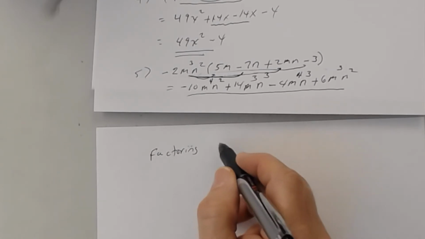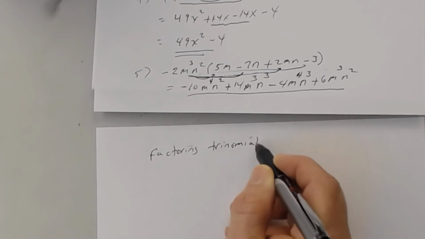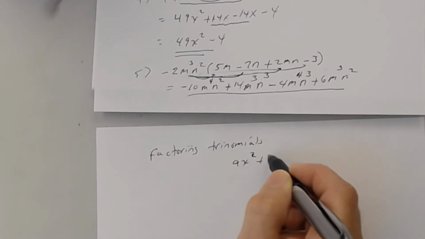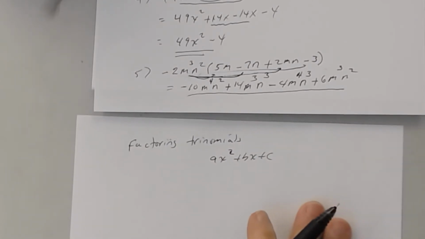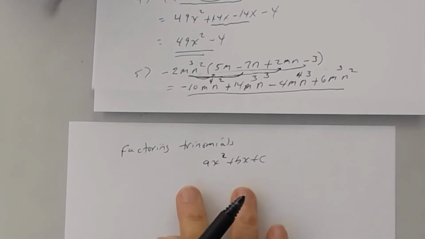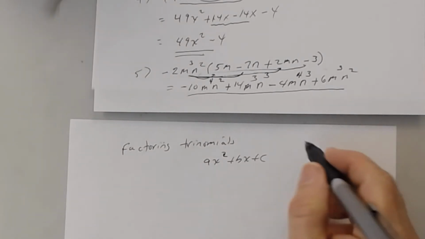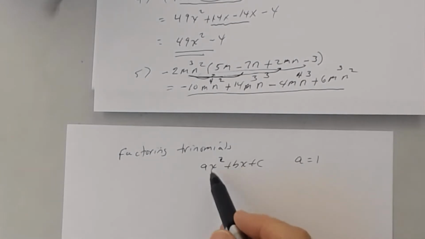We're going to factor trinomials that have this form, ax squared plus bx plus c. And the easy kind of factoring when you have a trinomial is where the coefficient of x squared is 1. So where a is 1 in this case. So you can see what this is going to look like.